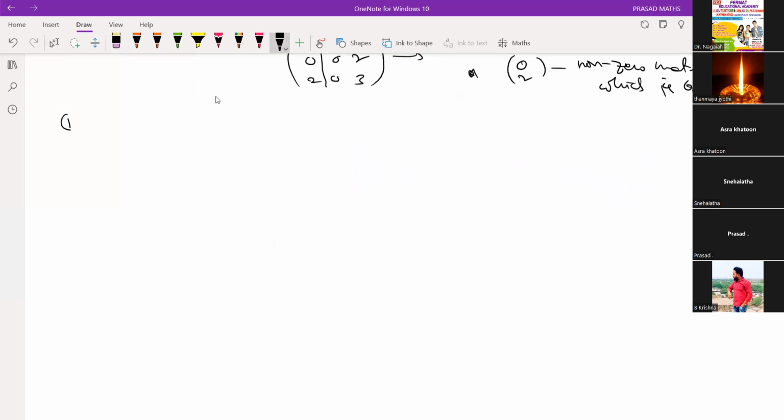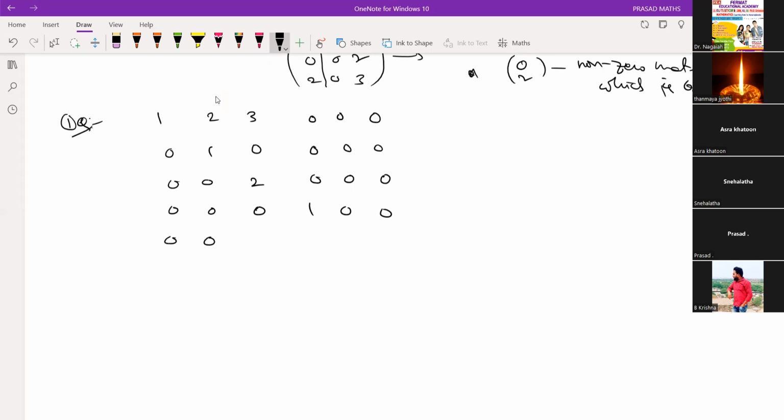Suppose you are given a question: a 6 by 6 matrix with rows 1 2 3 0 0 0, 0 1 0 0 0 0, 0 0 2 0 0 0, then 1 0 0 with 0 0 0 and so on, and another element here.